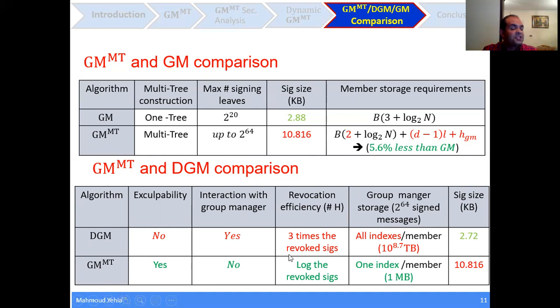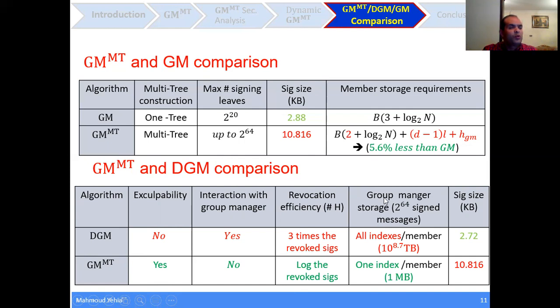For the revocation efficiency, DGM achieves linear complexity with respect to the revoked signatures, while our scheme GMMT achieves logarithmic complexity with respect to the revoked signatures.